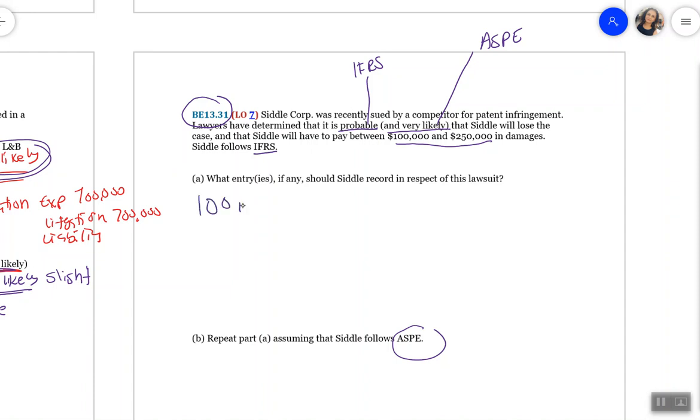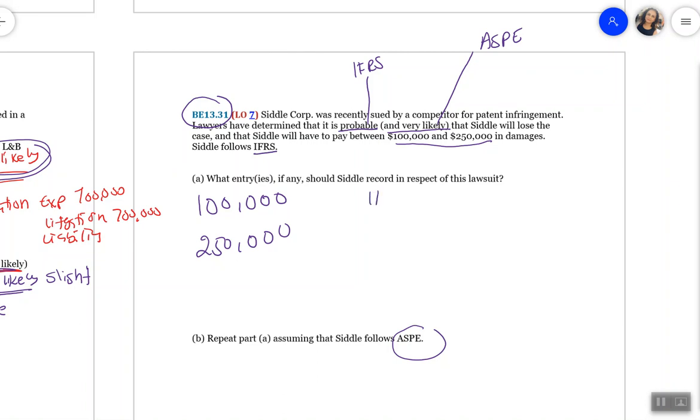We know that we're going to lose between 100,000 and 250,000. We don't know how much we are going to lose because the actual lawsuit hasn't been finalized yet. When we finalize, that's when we know the actual amount.